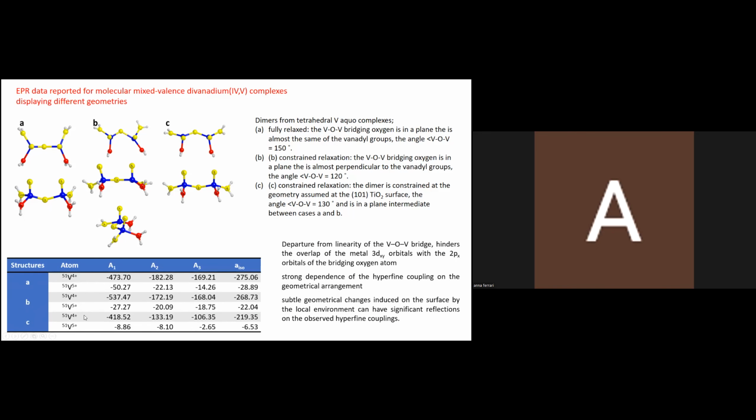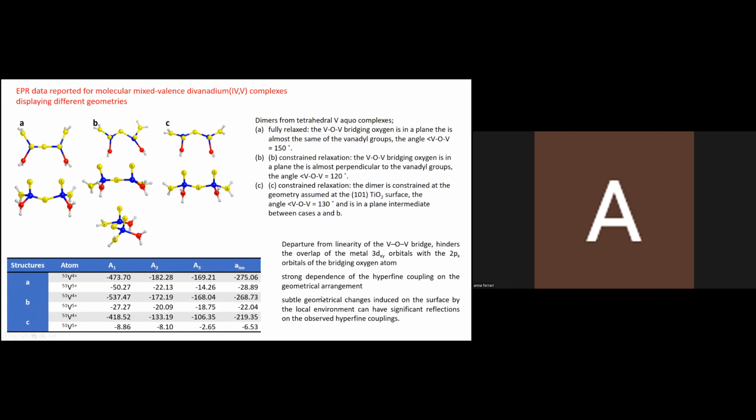What we find when we calculate the coupling in these A, B, C structures, for instance looking at the isotropic Fermi contact, is that there is a large difference in the computed value.